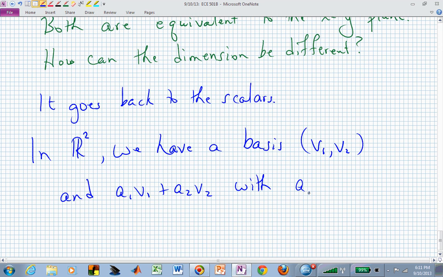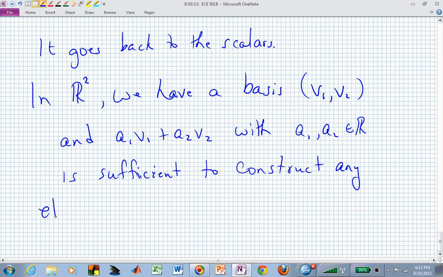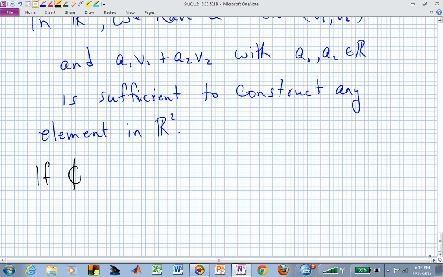But now these variable scalars are an element of the real line, R. And for that reason, this combination of a1 v1 plus a2 v2 is sufficient to build or construct any element in R2.